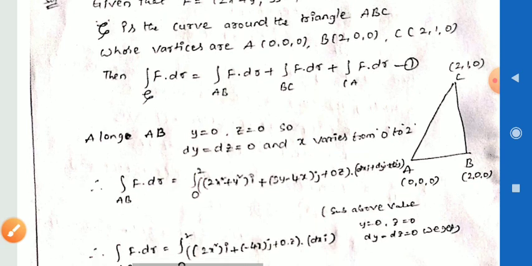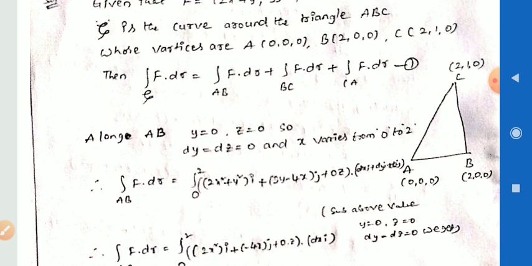By this I am doing integration. The integral over the curve AB of f dot dr is equal to integration 0 to 2. Here I am writing f as (2x square plus y square) i plus (3y minus 4x) j plus 0 into k, and dr as dx i plus dy j plus dz k.